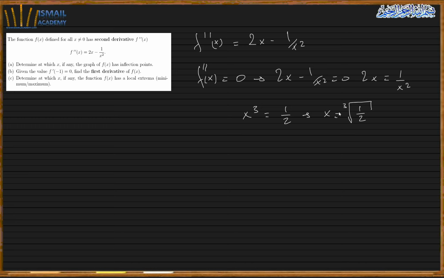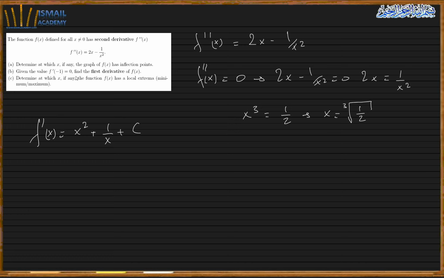Given that f prime of minus 1 equals 0, find the first derivative. I just need to integrate f double prime, or find the antiderivative of f double prime. So f prime is x squared plus 1 over x plus c.